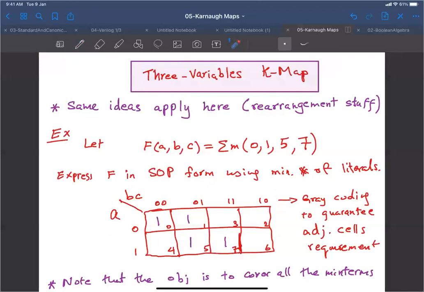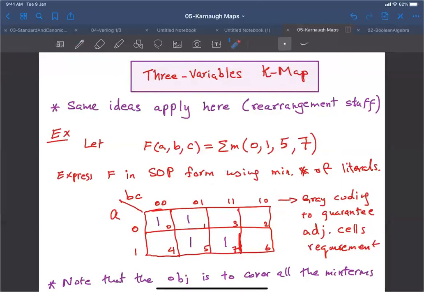First of all, how do you construct the K-map of 3 variables? It's like this. So we have the A that goes from 0 to 1 from top to bottom. And then we have BC together. The BC are going to be 0, 0, and then 0, 1.